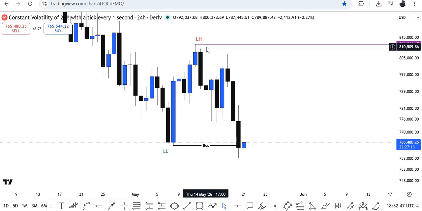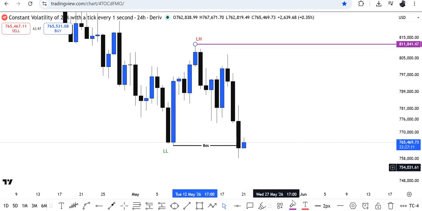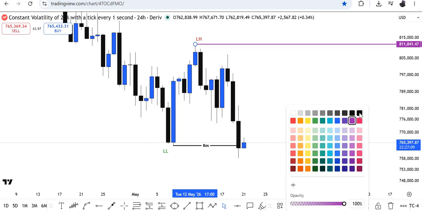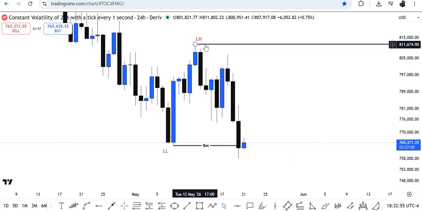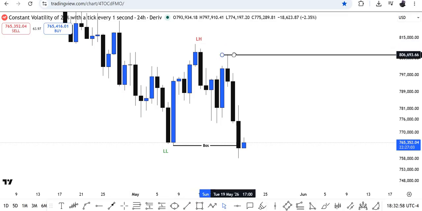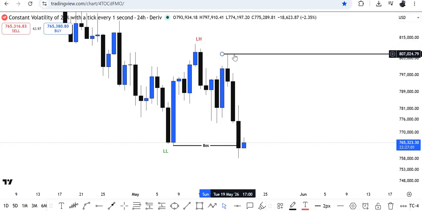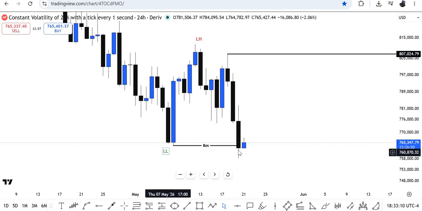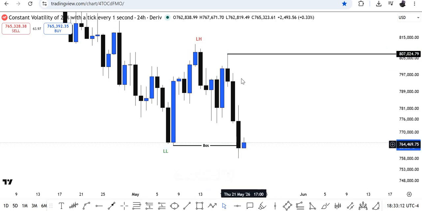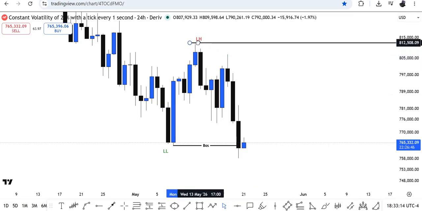I normally color code so that I can know the different time frames. So that is the highest point. It is not right here, guys. This is not the swing point right here. Once you're bearish, it's the highest point between the level that was broken and what broke the level, and that point is right here.